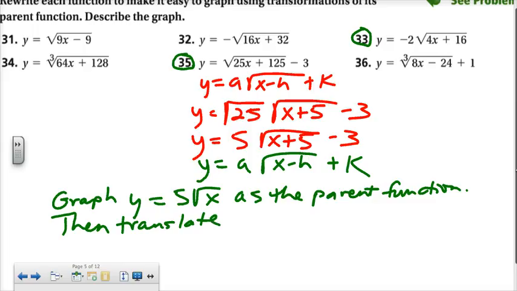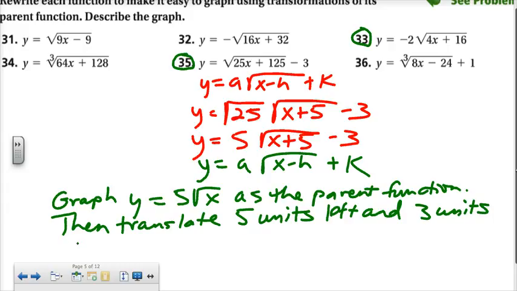Since it's x minus and it became a plus, they must have put negative 5 in there. So then translate 5 units left, and our k value of negative 3, that's going to be 3 units down. And that's the description that I need to give right there.